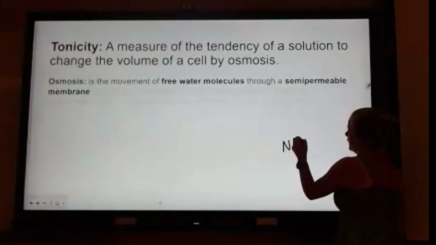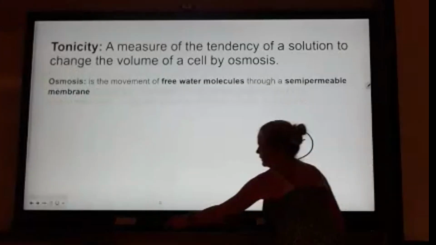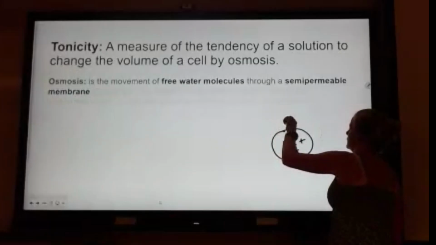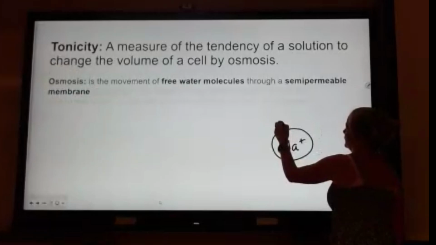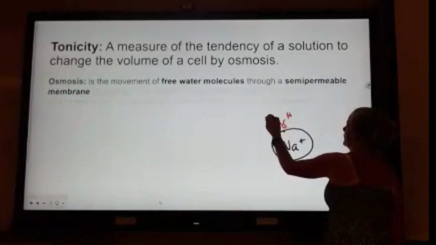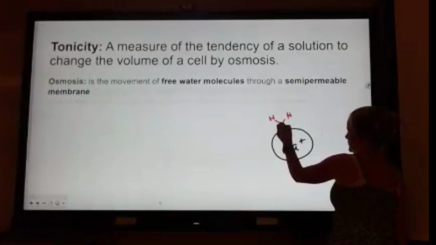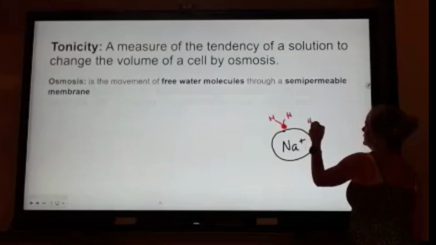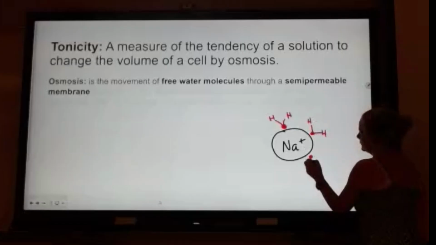Well, if we have an ion here, because of the polarity of water, this partial negative charge of our oxygen is going to be hanging out with that. These water molecules that I'm drawing here are not free, they're trapped.